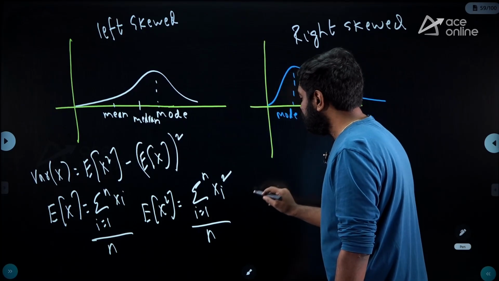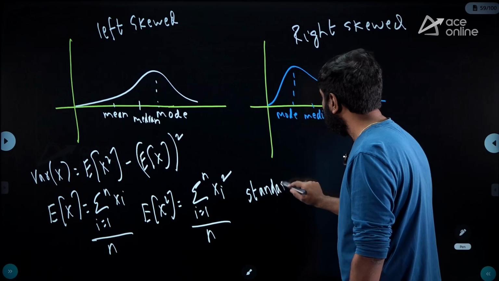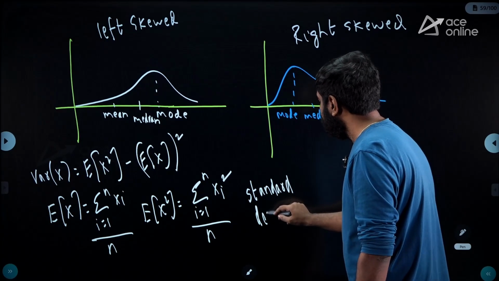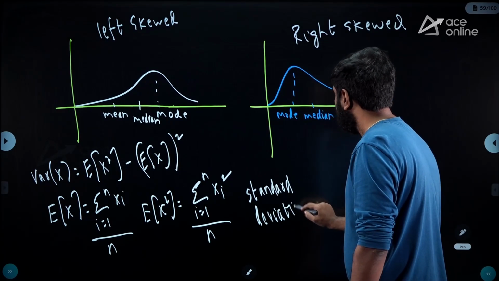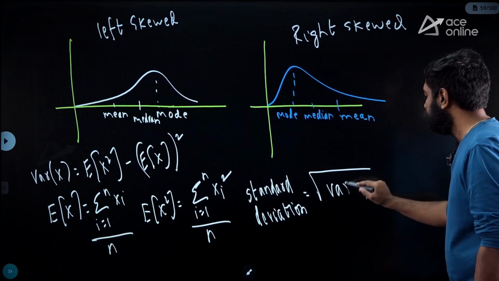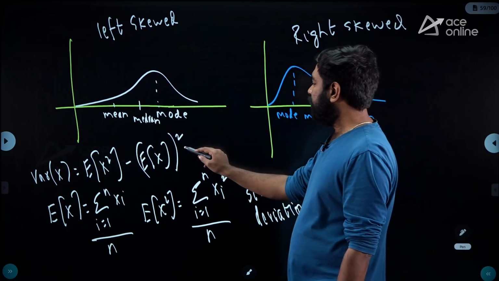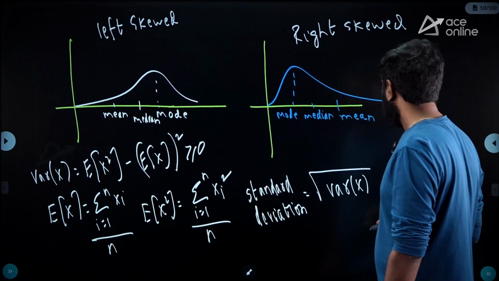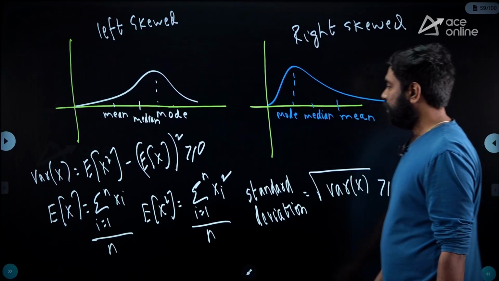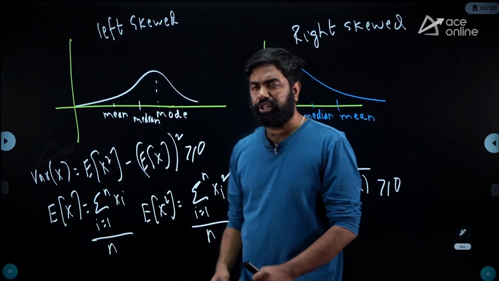Now, what is the standard deviation? This is one of the most important things. Standard deviation is defined as the square root of variance. So variance can never be negative, and standard deviation is also never negative. What does the standard deviation or the variance tell you?